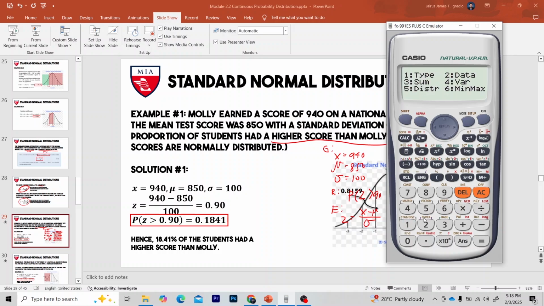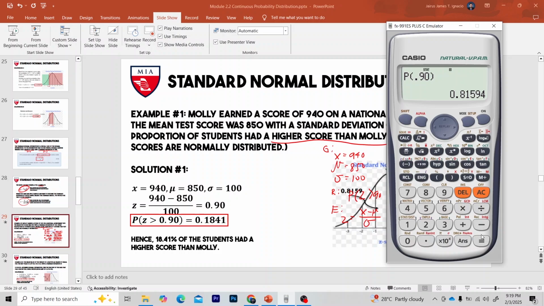Shift 1, then we have 0.90. So we have 0.81594. But as I said earlier, if z is greater than the said value, you need to subtract the z-score of that said value from 1.